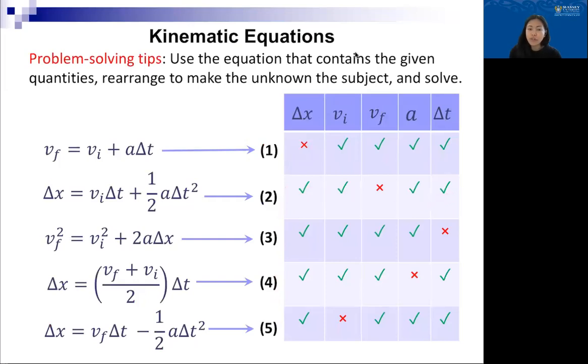It will be useful to put up a table like this and list down what is given in the problem. Say delta X is not given in the problem and you want to find delta X, so obviously you cannot use equation 1. We'll look at many examples and hopefully this idea will become clearer.